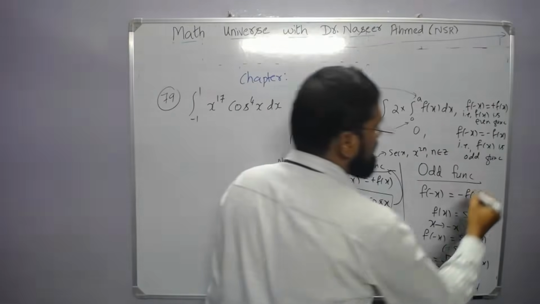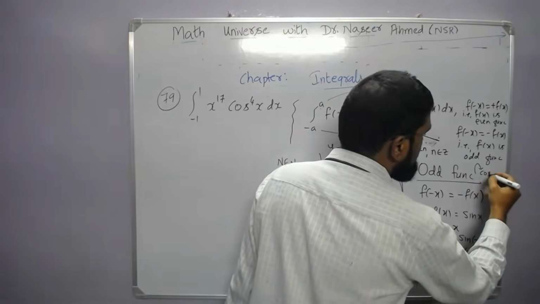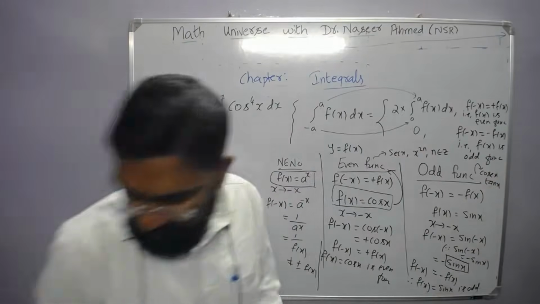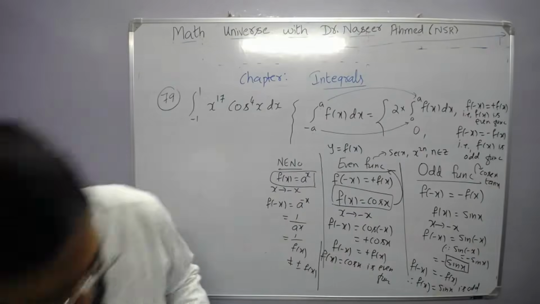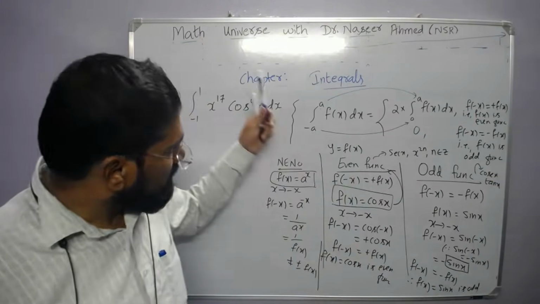Coming to odd functions, which are the examples? It can be cosecant x, then tan x, then cot x. Coming to inverse trigonometric functions, sine inverse, tan inverse, then cosecant inverse. And lastly, odd powers of polynomials. It can be negative also, meaning 1 by x cube is also an odd function. 1 by x square is an even function. I'm giving these examples because when I take the problem, I'm not going to verify like this.